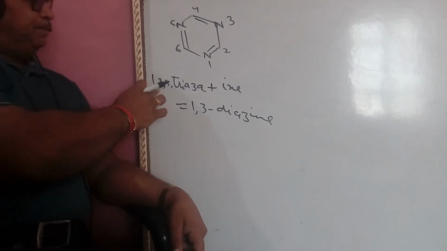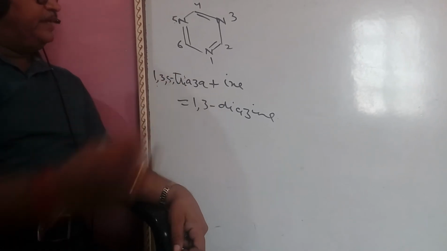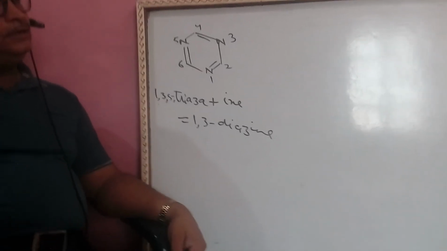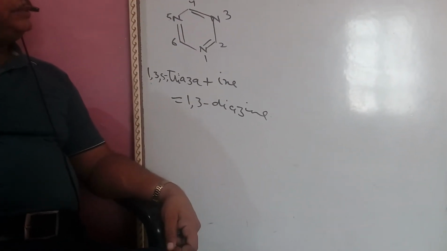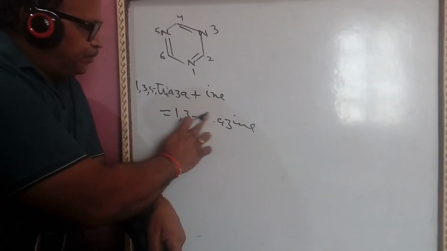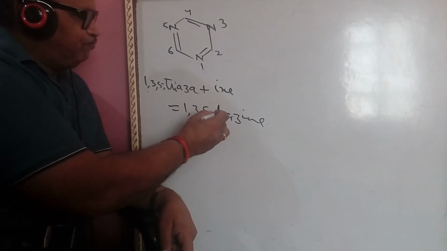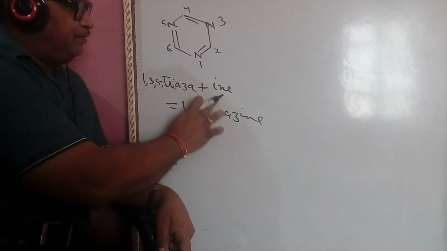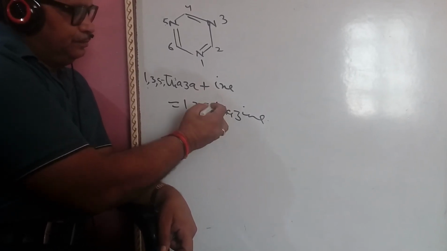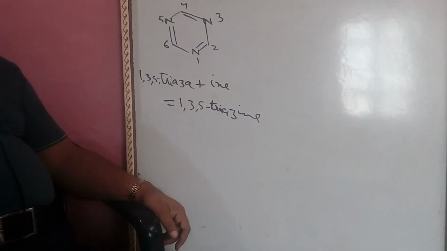So the overall prefix for this compound will be 1,3,5-triaza, and again the ring is 6 membered and unsaturated, so the stem and suffix for this ring will be -ine, and the complete name of this compound will be 1,3,5-triazine.